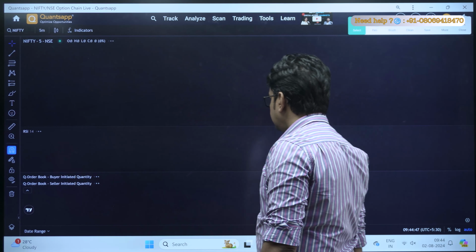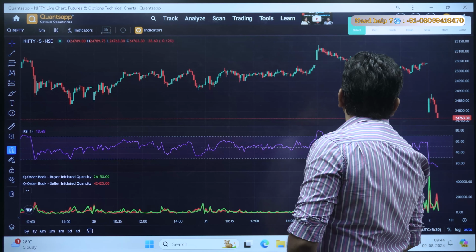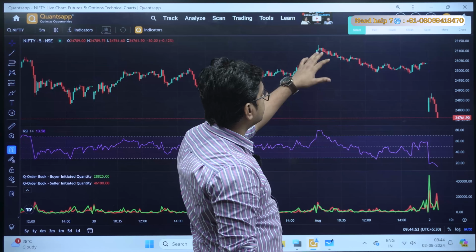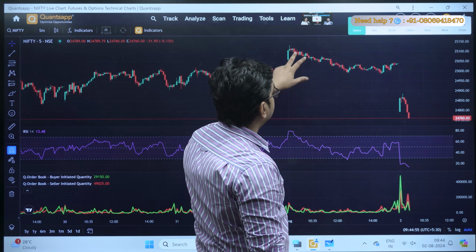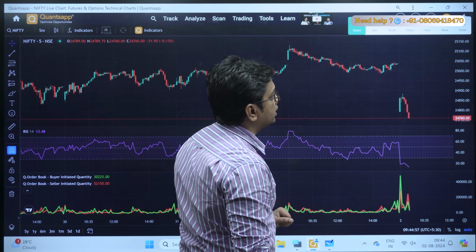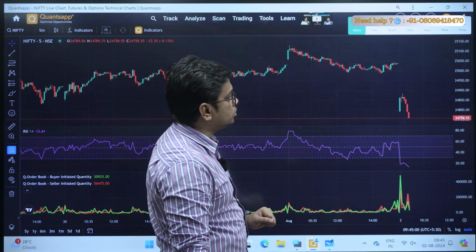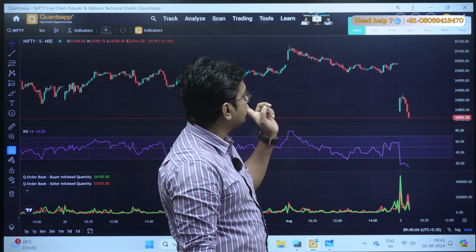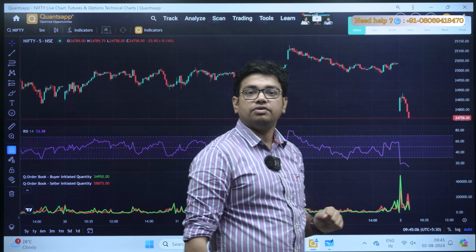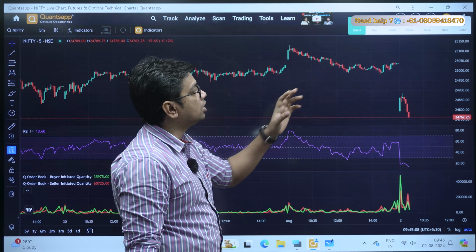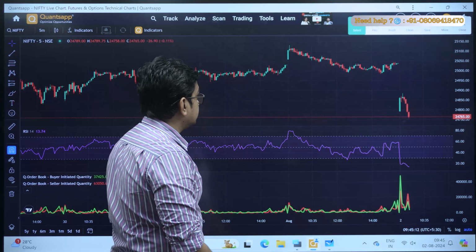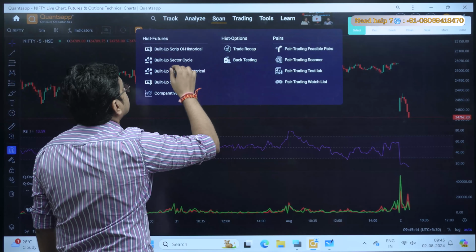Today it has moved down. Let's say I have taken the trade over here, a put option. I have bought the put option at 25,100. If I take a put option of 24,950 or 25,100, which option will give me much more profit? Just take a look.